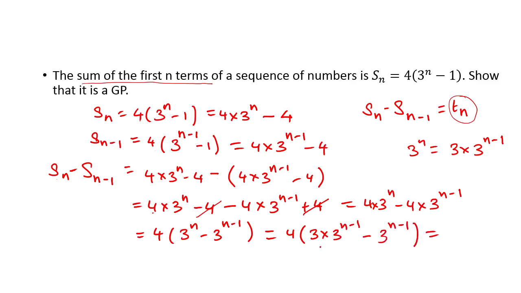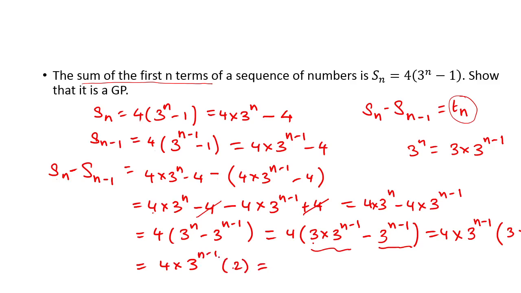So now both these terms have 3 raised to n minus 1 common. So this 3 raised to n minus 1 I'll take common from both the terms. What will remain here is 3 minus 1. So what I have is 4 into 3 raised to n minus 1 into 3 minus 1, which is 2.